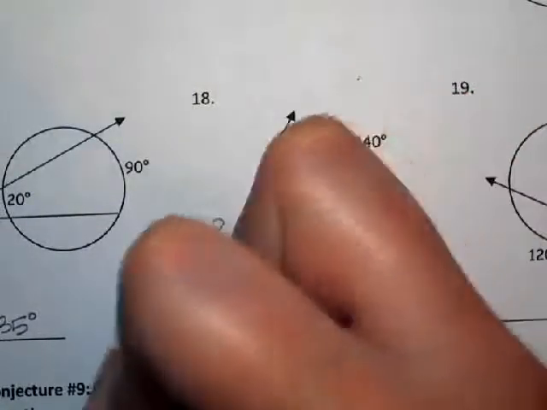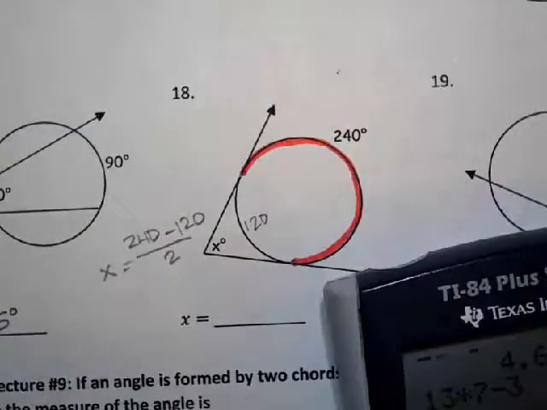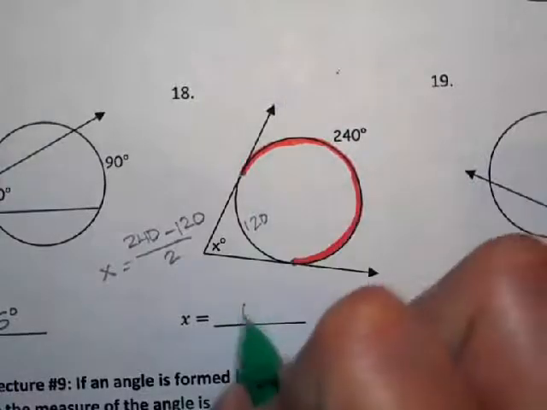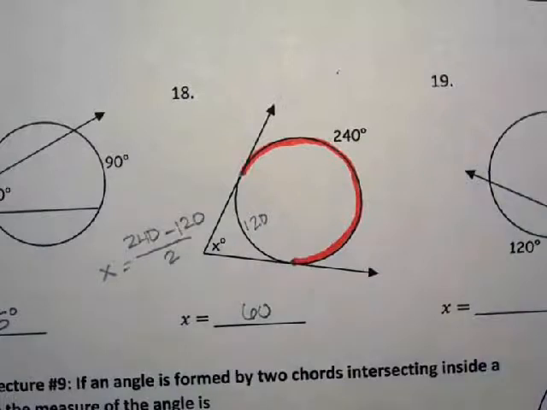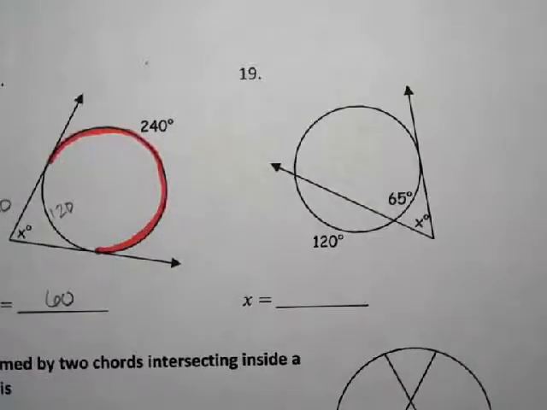Ooh, they got complicated. So here they did a secant line and a tangent line, and they gave us one arc that we needed and one arc that we didn't need. And then they did not give us an arc that we needed. So 65 is needed. 120 is not. But we do need this one.